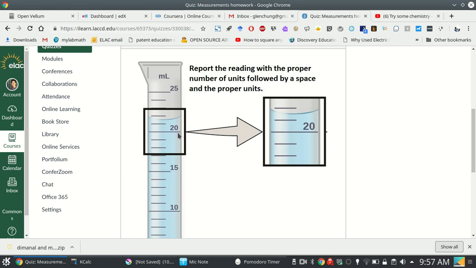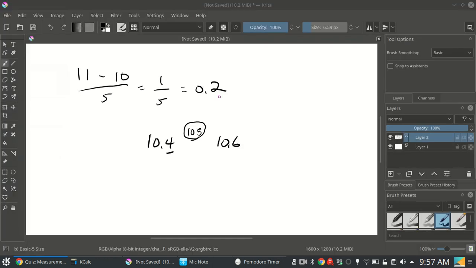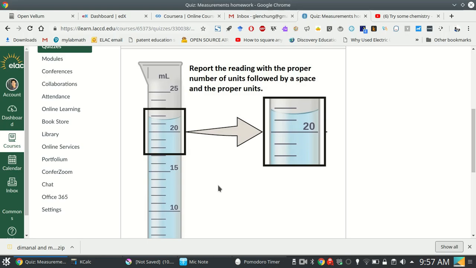Here's what I mean. I've got 20, 21, and 22. The bottom of the meniscus is in between 21 and 22. So, in between 21 and 22, the bottom of the meniscus, it's like almost exactly halfway.